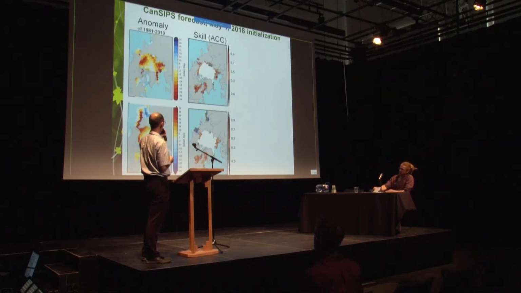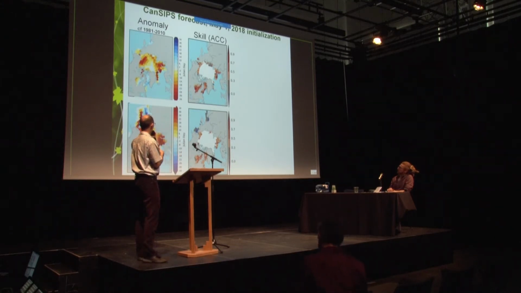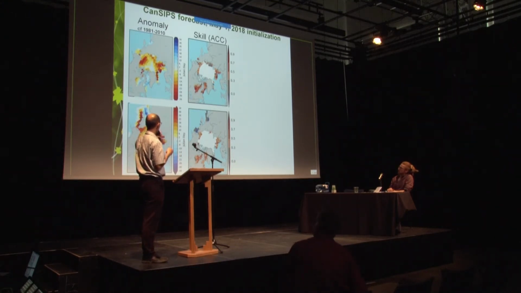If you just plot the anomalies relative to this long-term climatology, you get a lot of skill from the trend, and we see basically everywhere shorter or longer open water seasons than this climatological average.